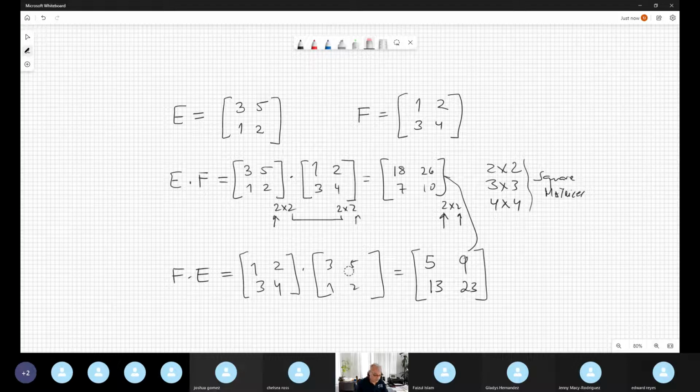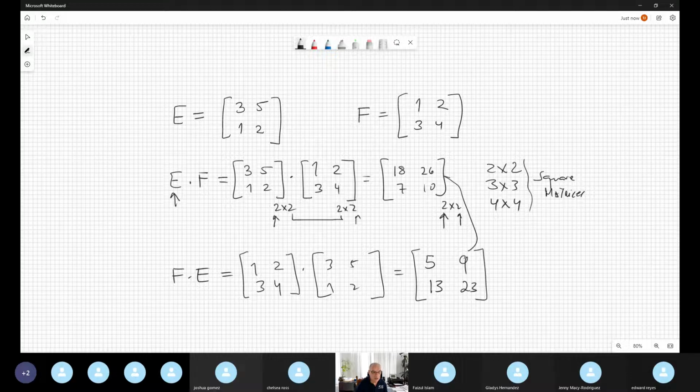Okay, clear? So in general, the multiplication of the two matrices is not the same. To be specific, the technical name is you pre-multiply or you post-multiply. For example, in this case, E pre-multiplies F, because it's before.